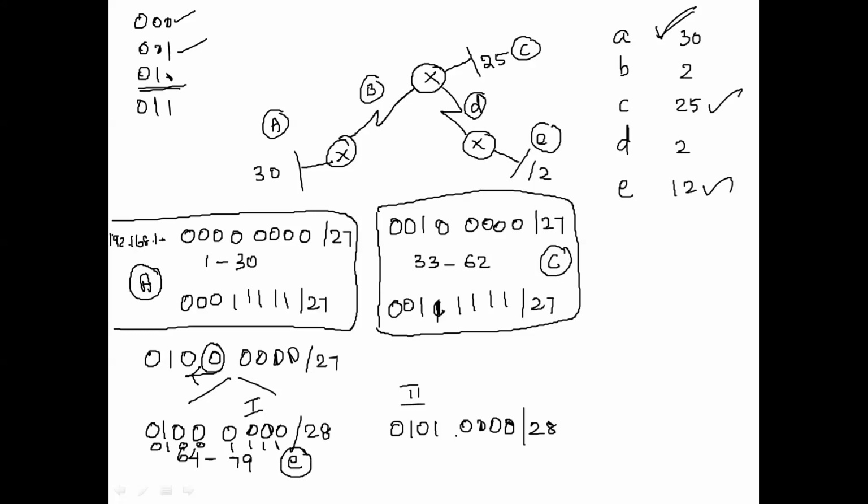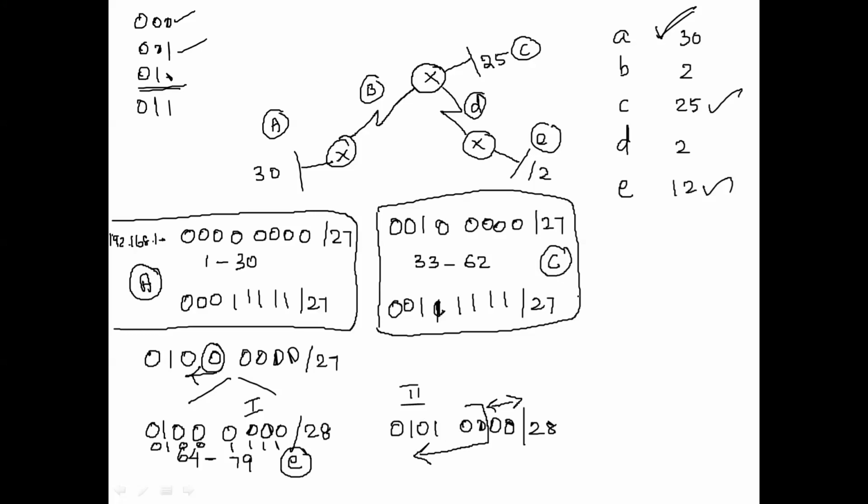Then let's take this. What is the next requirement? The next requirement is only 2, which means it's enough to have only 2 bits left for the host. So these 2 more bits I can borrow for the network side.